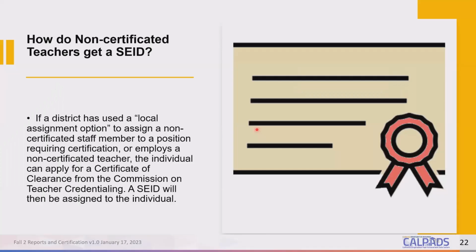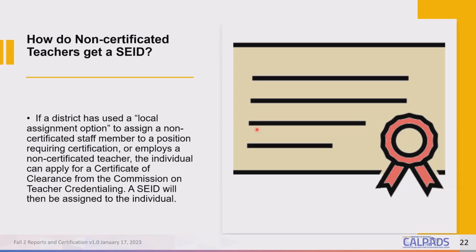So I spoke about acquiring a SEID. If there are teachers who are not certificated, you have to acquire a certificate of clearance from the CTC so that the department will provide you a SEID, which you will use in submitting the staff members' information in CalPADS, right?